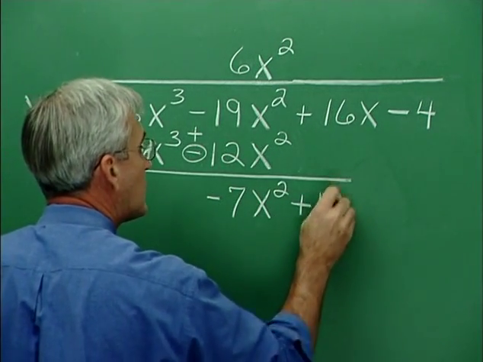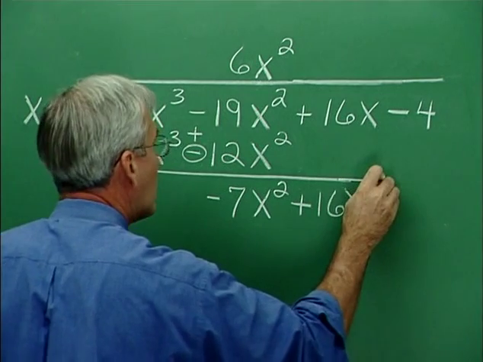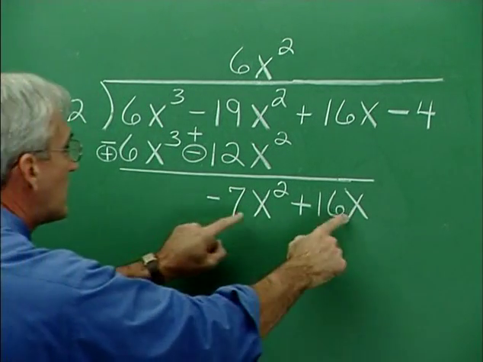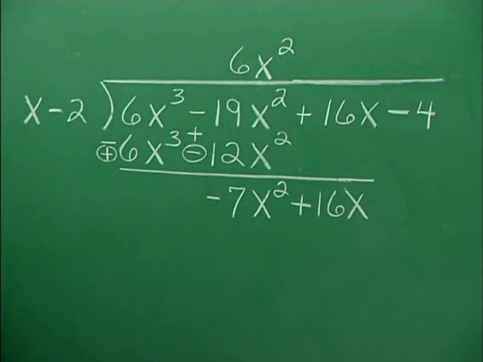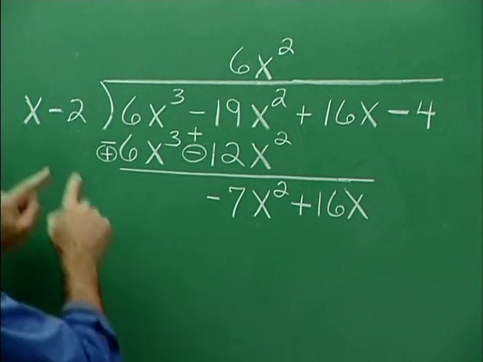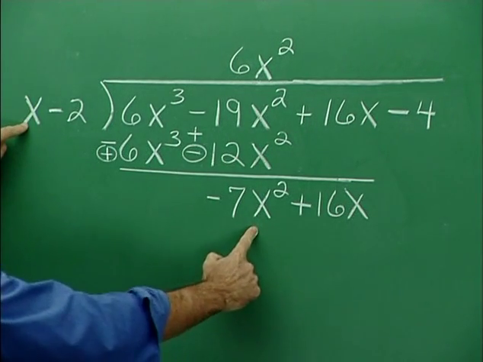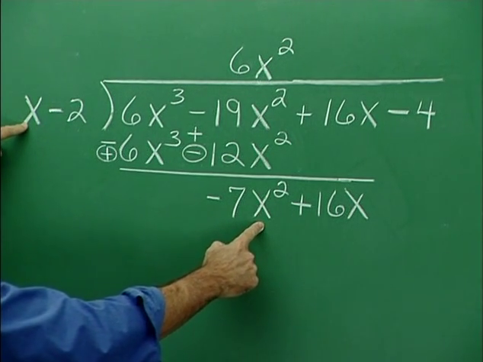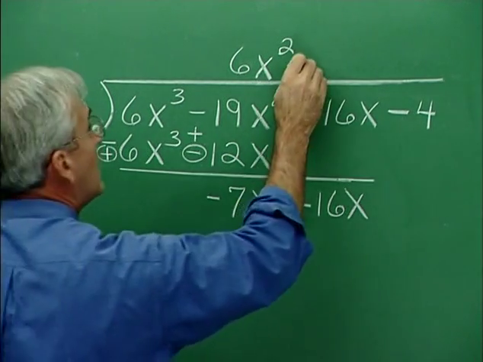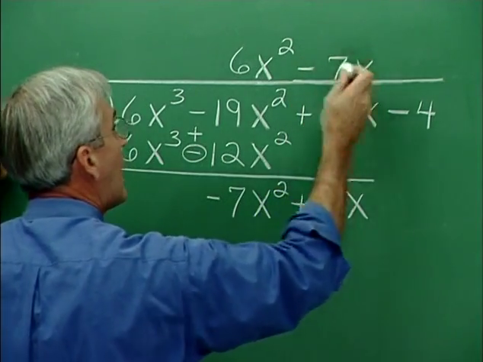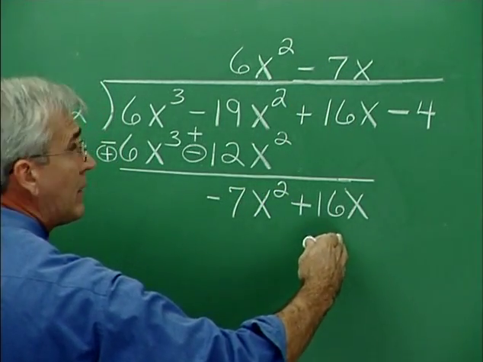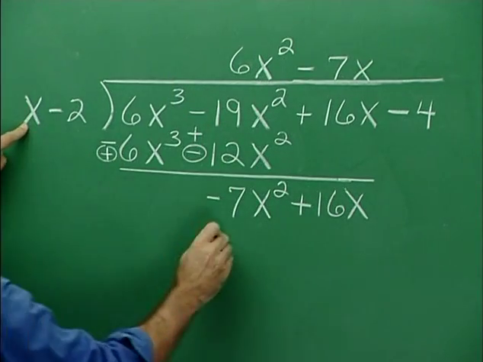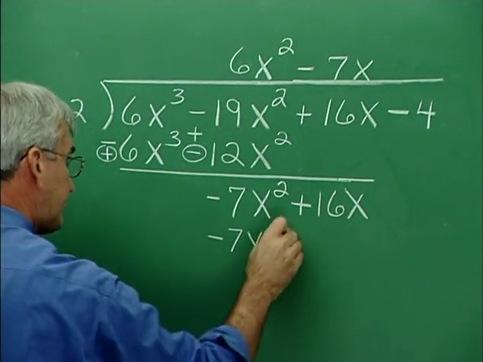So we bring down plus 16x, and away we go. We say x minus 2 goes into this binomial how many times? Well, we think x goes into this first term how many times? x goes into minus 7x squared minus 7x times. So we put minus 7x here, and we multiply around like we did before. Minus 7x times x is minus 7x squared.